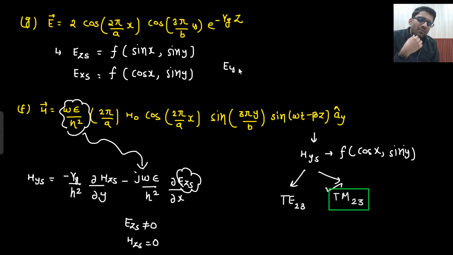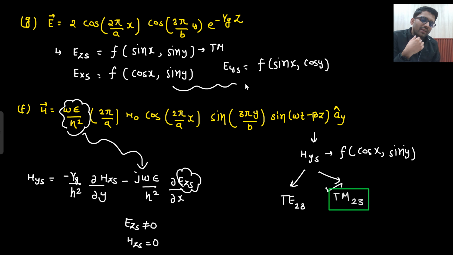And my EYS is a function of sin x, cos y. This is only for transverse magnetic mode, but this is there for both of the modes, TE and TM. But in any mode, anywhere, it can never be a function of cos x, cos y.